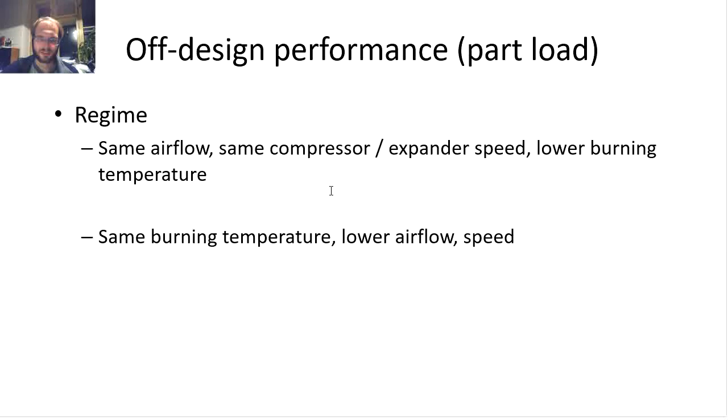Regarding the regimes, we can basically have two of them. The first one, we could have the same airflow, meaning the same speed of the compressor, and of course also of the expander since they are on the same shaft. The result of the lower fuel input would be a lower burning temperature.